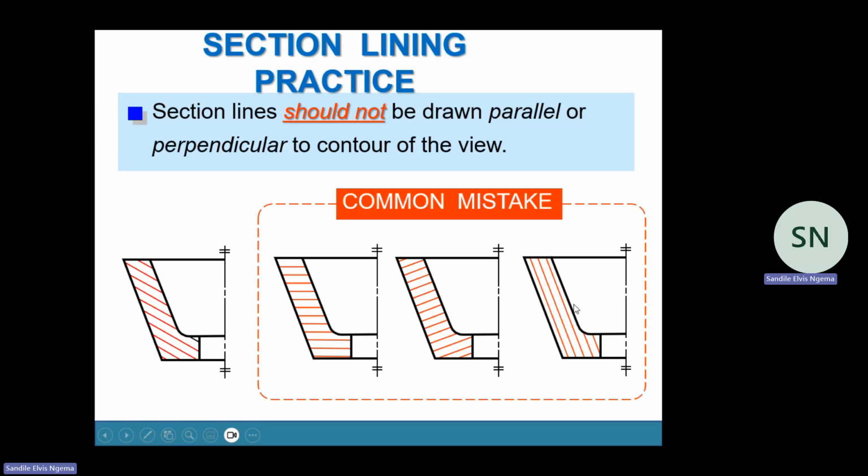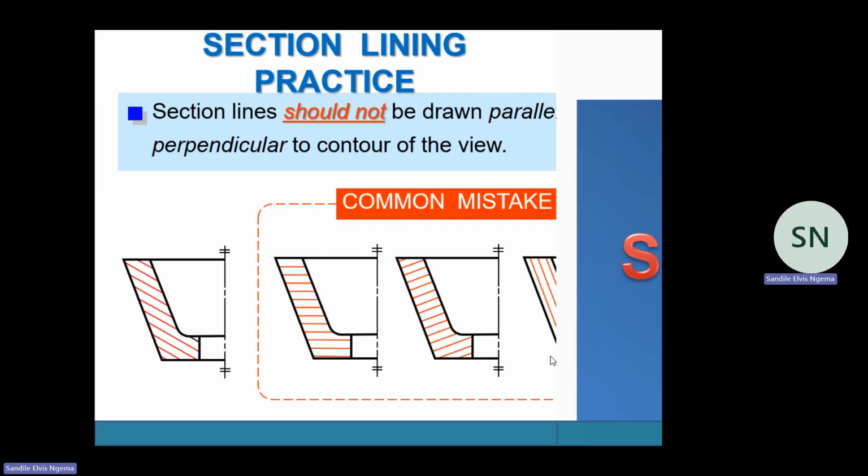This is not acceptable whenever you're drawing sectional lines. But the first one here is the one that is acceptable. So every time we are drawing our sectional lines, we need to make sure that we adhere to this and we avoid these common mistakes. Okay, all right, now let us move further.